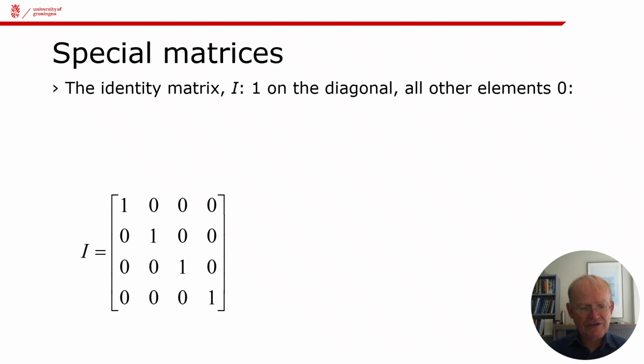Another thing that you need to know is that in matrix world, the number 1, of course, exists, but then as an element of a matrix. But if you want to talk about the equivalent of the number 1 in matrix form, you would talk about the identity matrix. So what is that? It's a square matrix, and it has the number 1 on the diagonal, and all other elements are equal to 0.